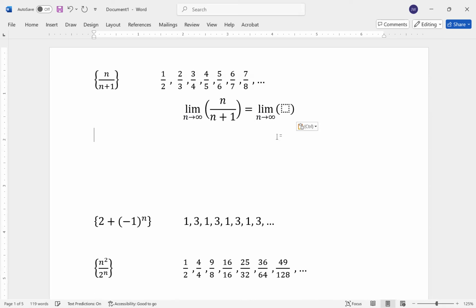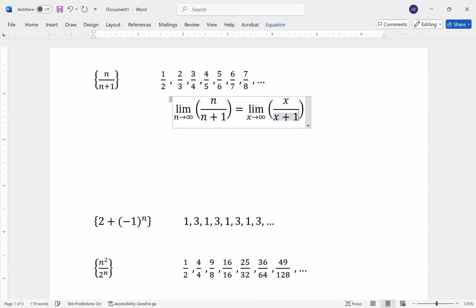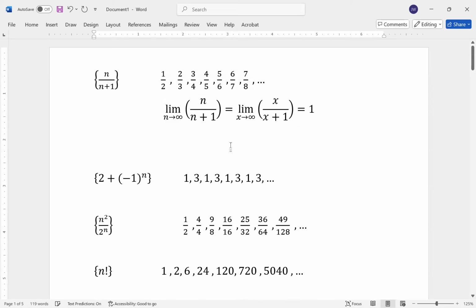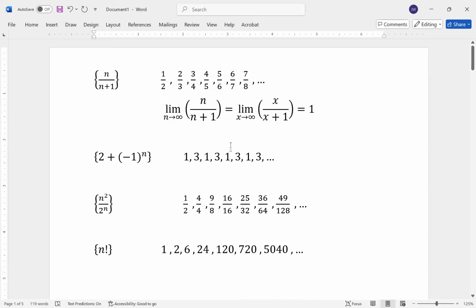So let's change this just to x so it's a little bit more familiar feeling. This is a rational expression. So I would take the coefficient of this, divide by the coefficient of this because they're the same power, and that's 1 over 1, which is 1. Therefore, the limit of this first sequence is 1.